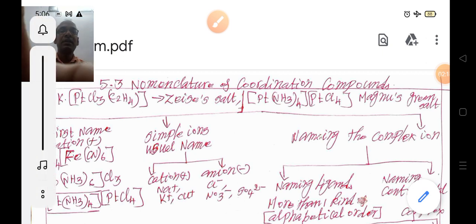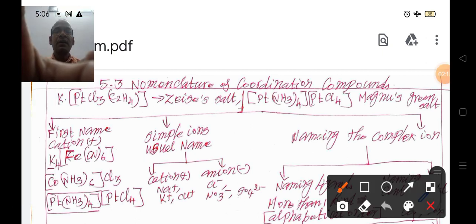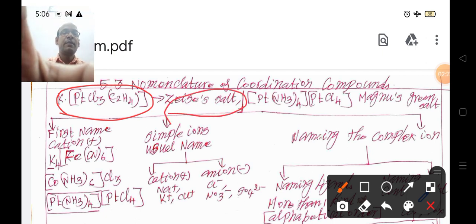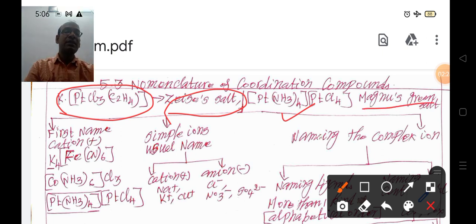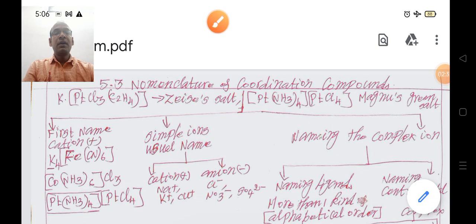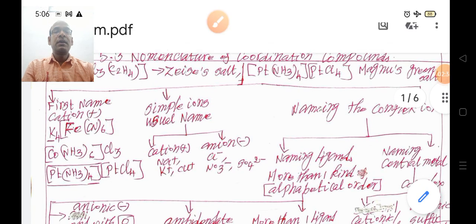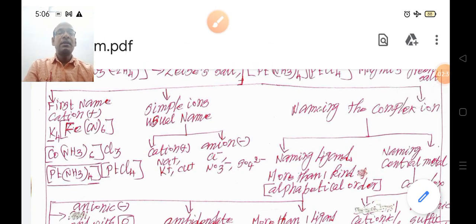That is, initially this complex was called Zeise's salt. Second, this complex was called Magnus's green salt. That is, the name was given based on the discoverer's name. And then the IUPAC naming method came, based on these points.